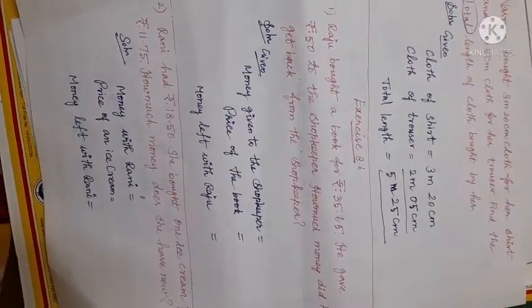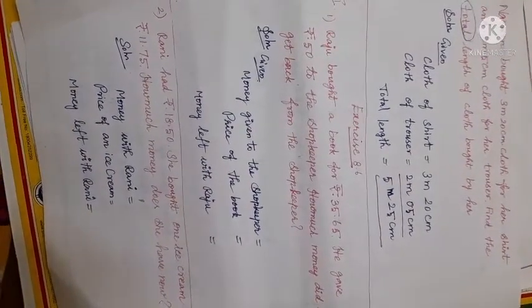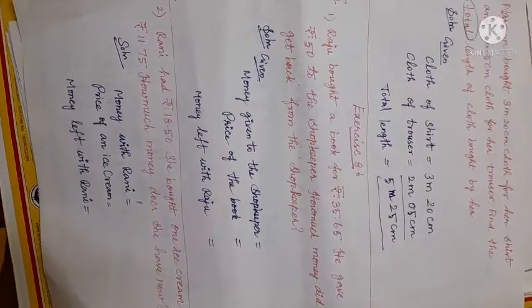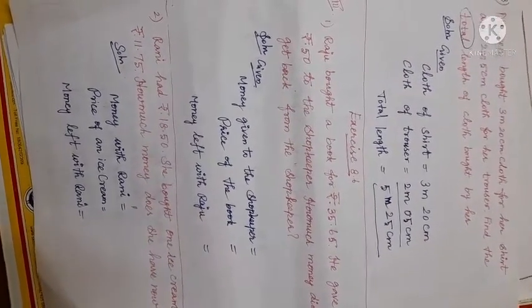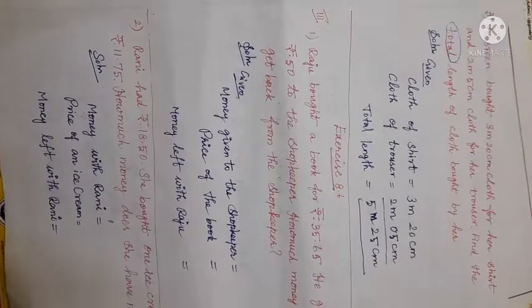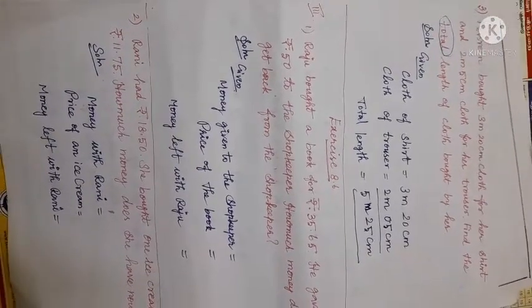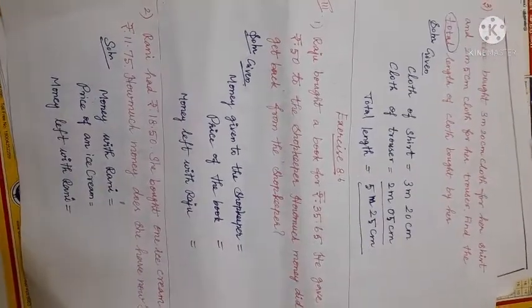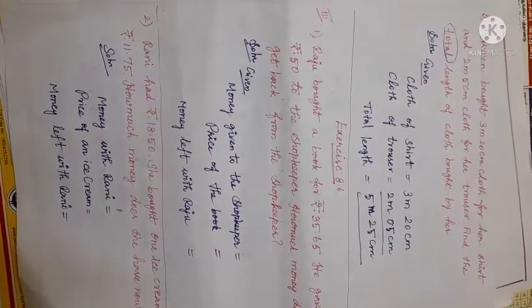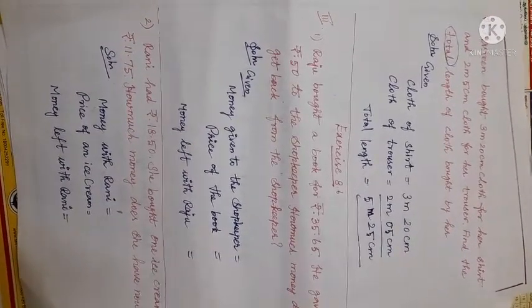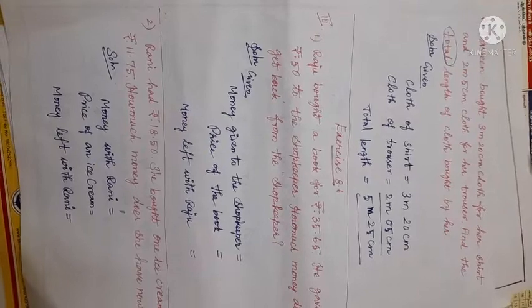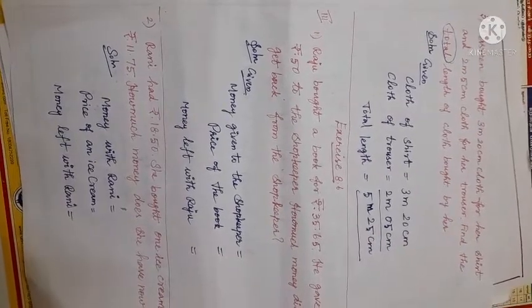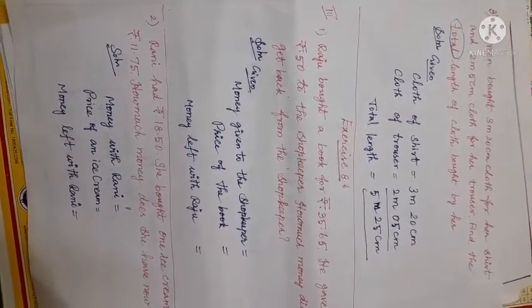Now, for example, Raju plays, you imagine yourself. You are going to the shopkeeper and you are going to get a book. The book amount is 35 rupees 65 paise, and you are giving the shopkeeper 50 rupees.